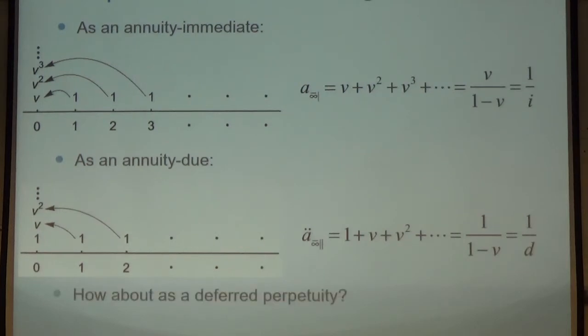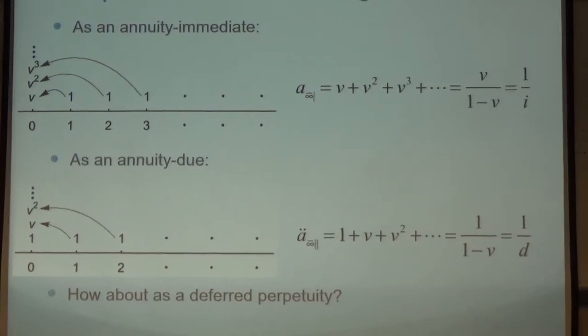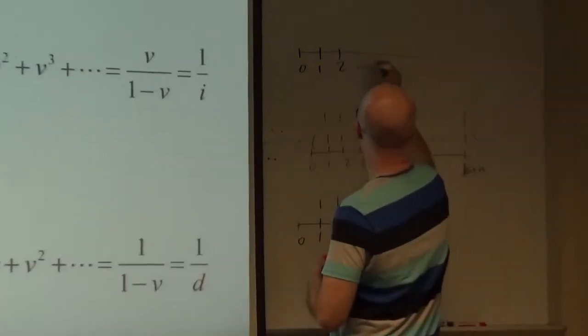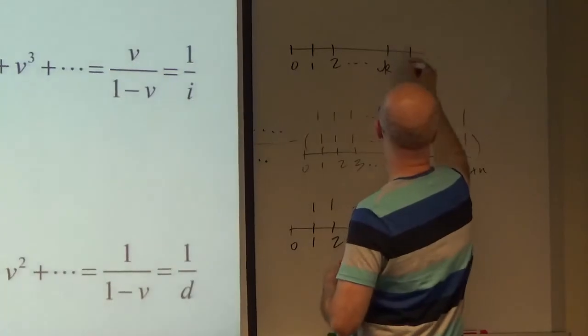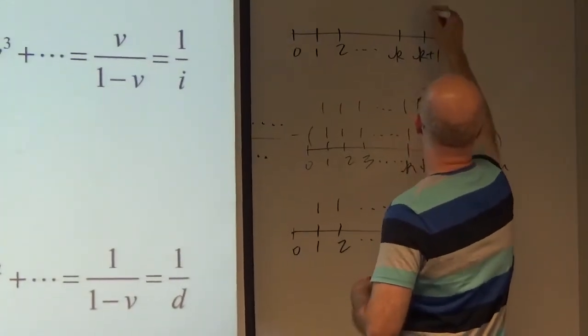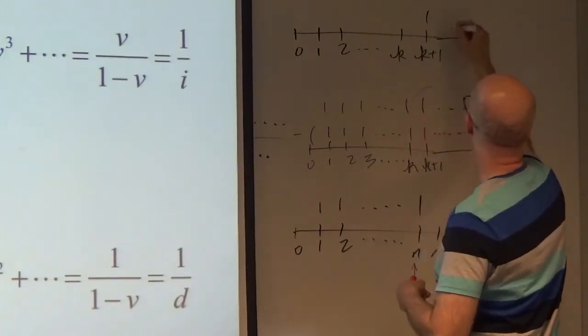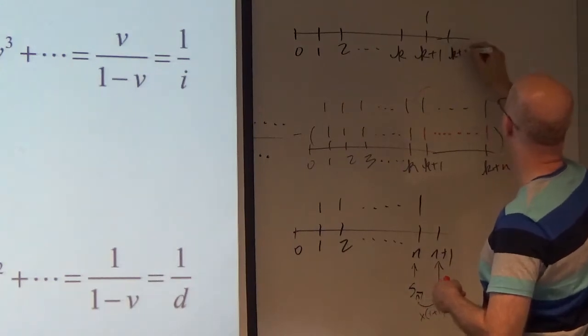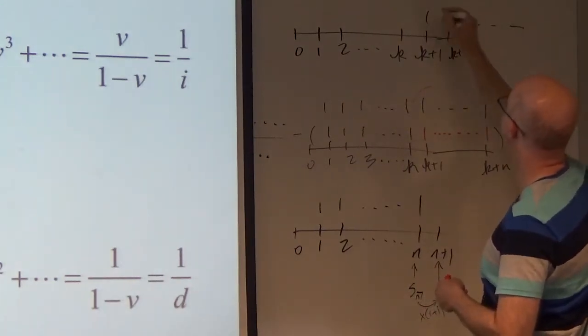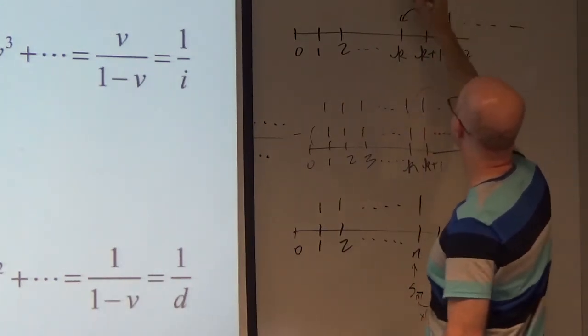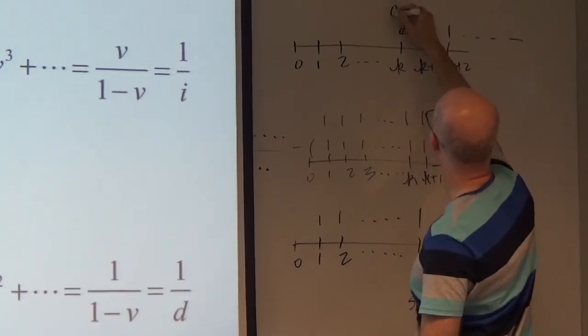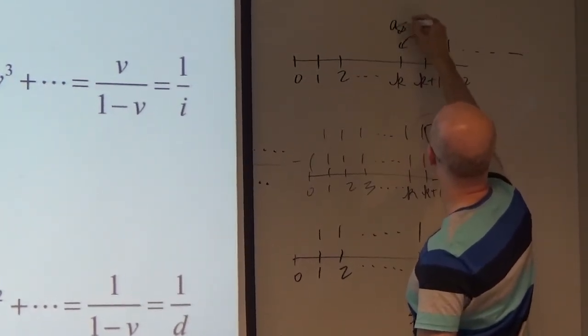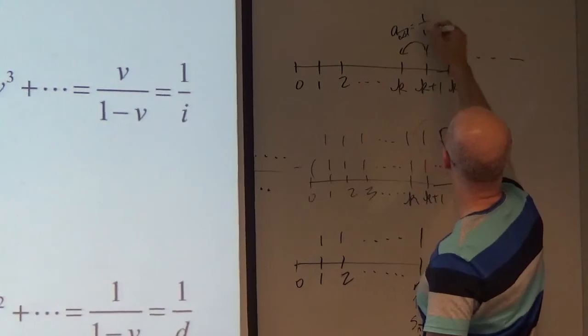How about a deferred perpetuity? I didn't put it on the screen here, but you should be able to do that. We're doing a k period deferred perpetuity immediate. It would look like this. Go back in time by 1 period to k, and the present value is going to be a sub infinity, which is 1 over i.